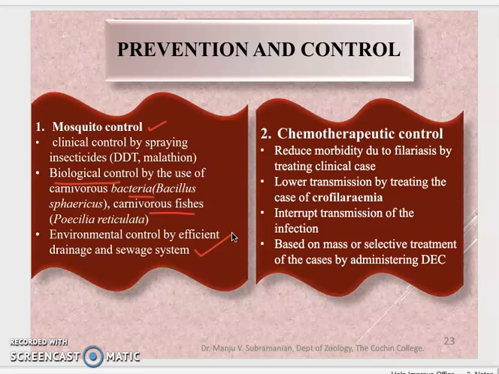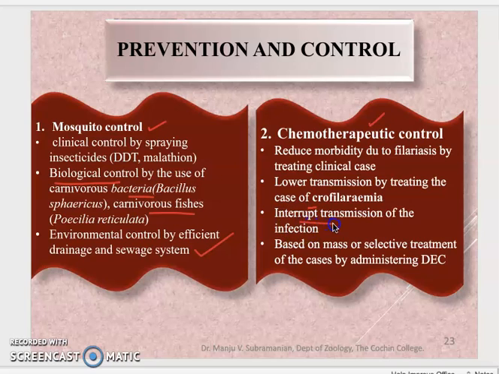Then chemotherapeutic control can be done, that is by using certain clinical methods. Reduce morbidity due to filariasis by treating the clinical cases. Then lower transmission by treating the cases of microfilaremia, that is, the filarial infection can be controlled by certain chemical therapies.